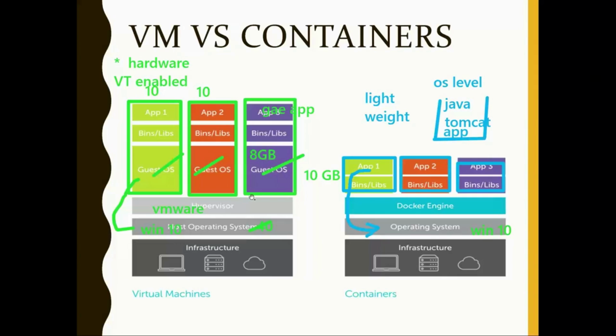But if one container needs more resources and the other one needs less, how does it manage? Actually, in containers, we don't allocate resources beforehand. But for VMs, you need to allocate resources when you're creating them, like 8 GB, 10 GB. You have to calculate the resources and assign them before creating them. But with containers, we don't allocate resources.